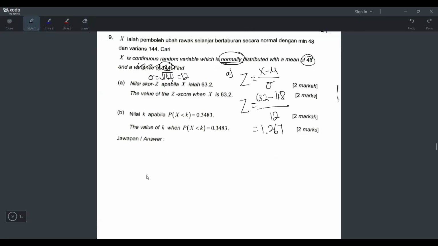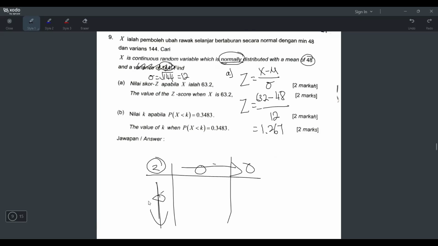You know why? Because when you read your table from the outside, if you have the Z value, you can only read the Z value until 3 decimal places. Here it is the first decimal place, second decimal place, third decimal place. That is why when you read from the outside, you will only write 3 decimal places. But when you read from the inside, it's different.